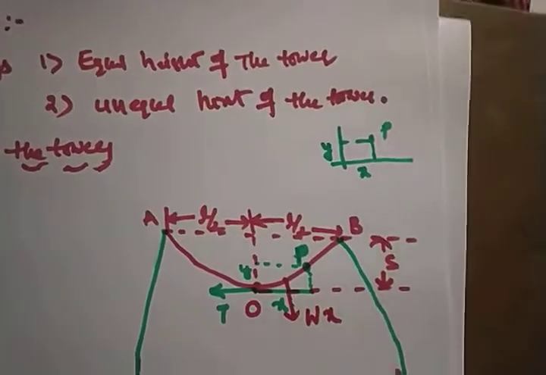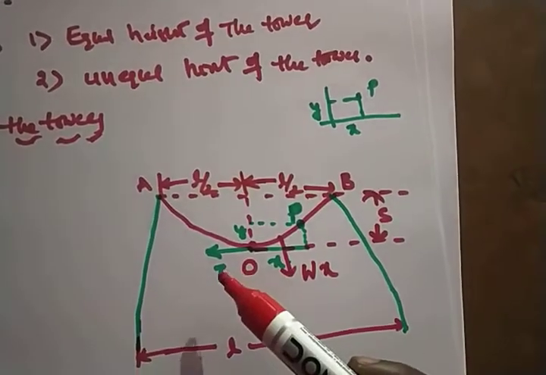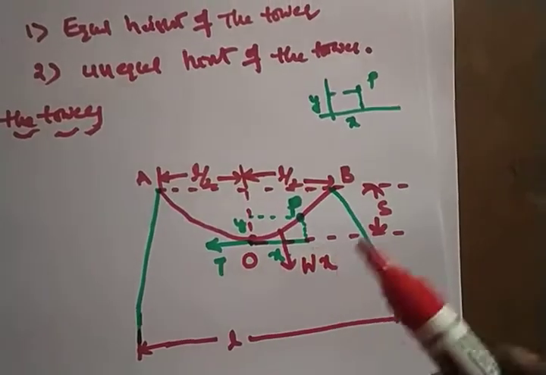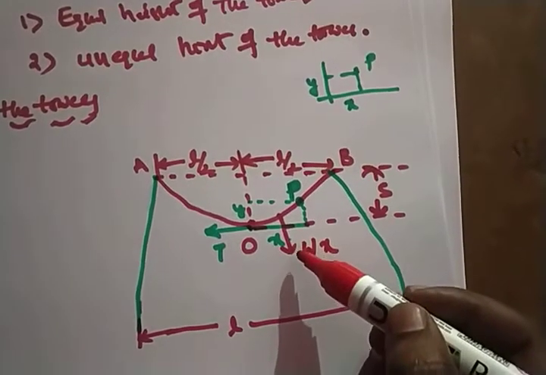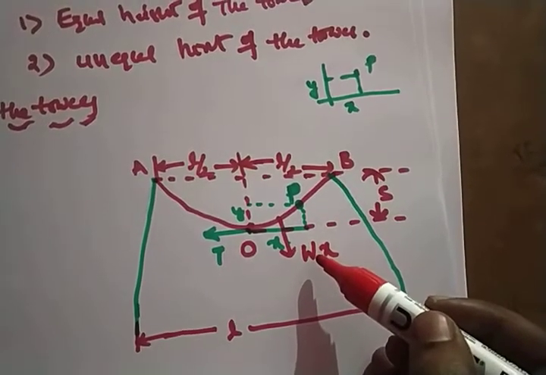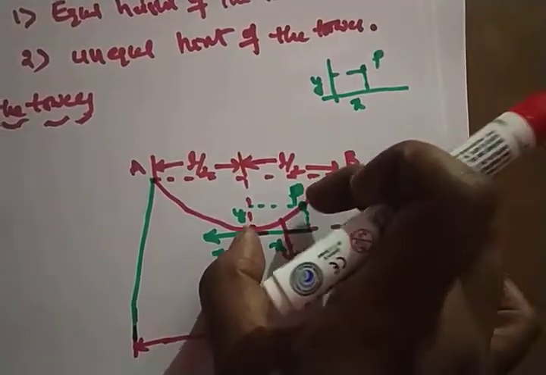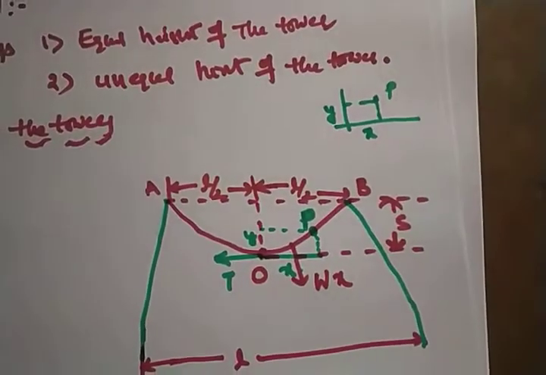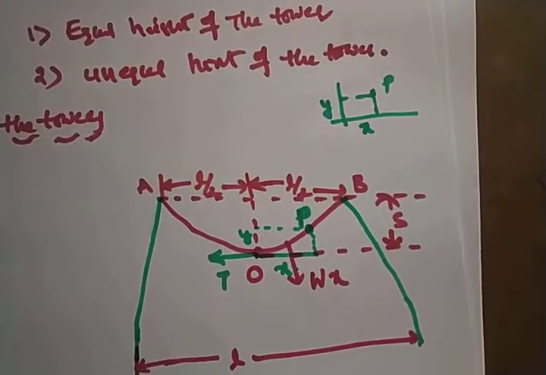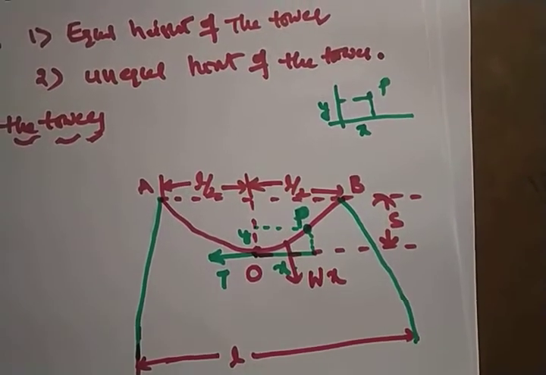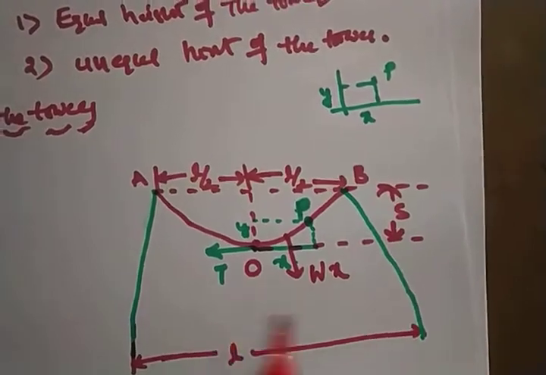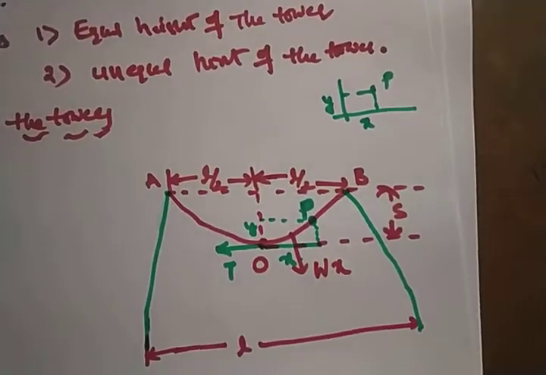There are two forces acting on the system: one is the tension force, and another is W x, which exists in the portion between O and P. One force is due to the tension, another due to Wx, and these two are equal at any point, right?